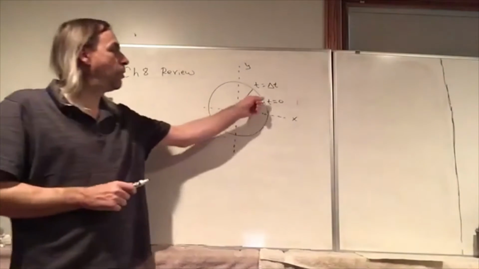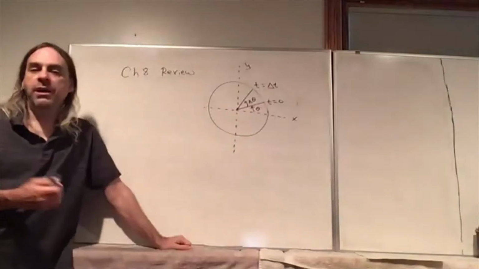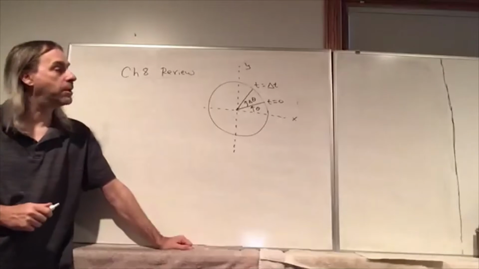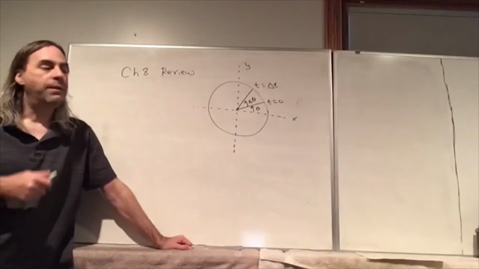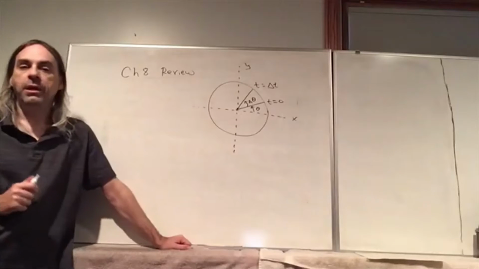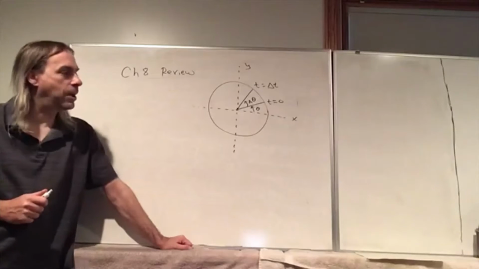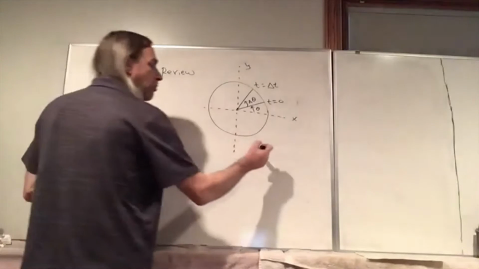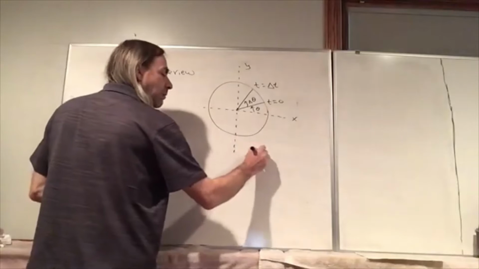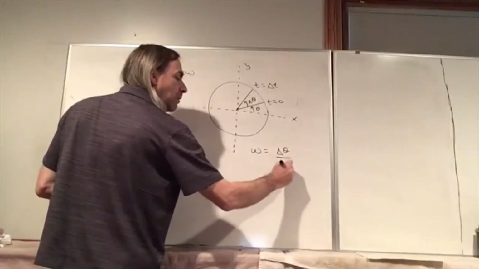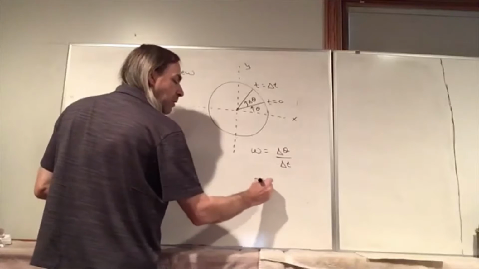If we divide delta theta by delta t, that's how much we rotated divided by the time it took to make that rotation. That's angular velocity. And if the angular velocity is changing, we have an angular acceleration. So we define angular velocity and angular acceleration.